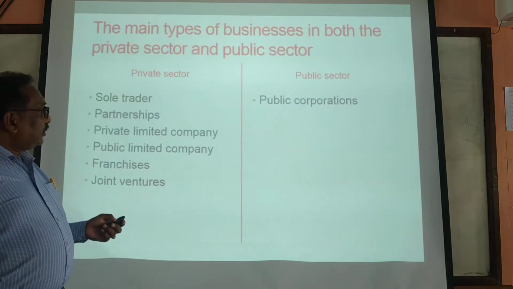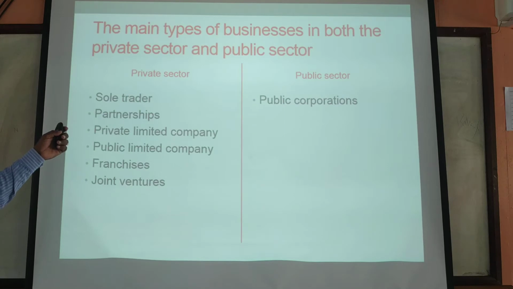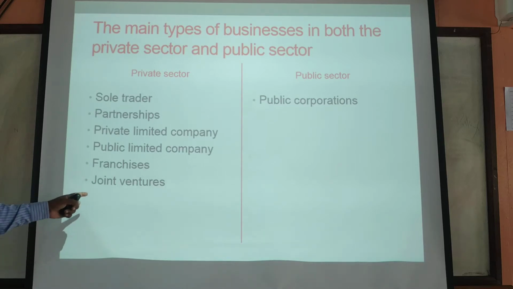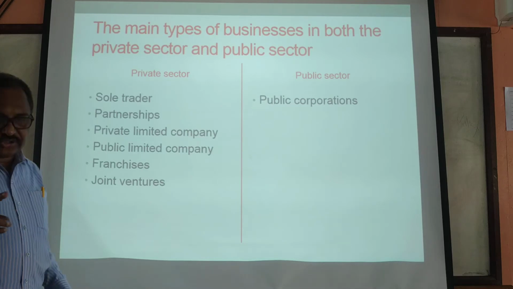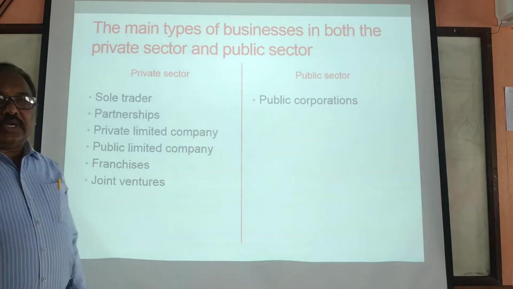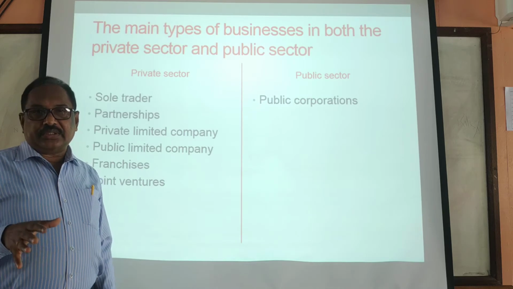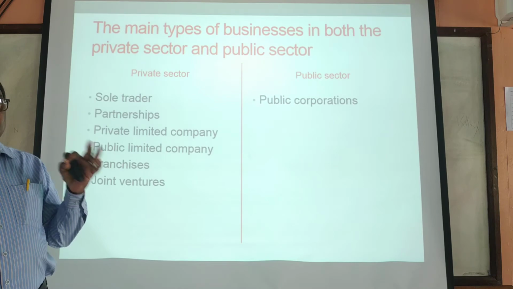The other businesses we have in this chapter are sole trader, partnership, private limited company, public limited company, franchises, joint ventures. There are two sectors of businesses, one is private sector and the other one is public sector. These businesses are divided into these two sectors.